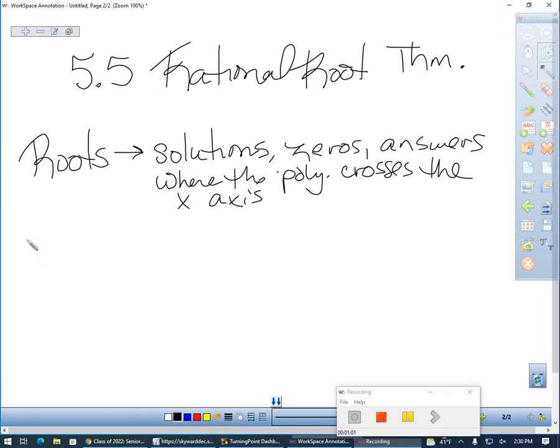When we say the word rational, we had a reminder of it at the beginning of the school year. A rational number is any number that can be written as a fraction.